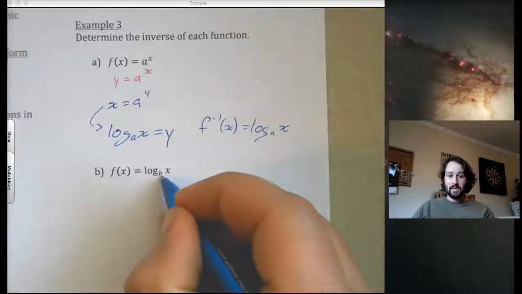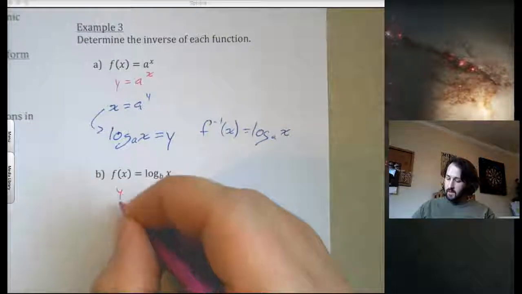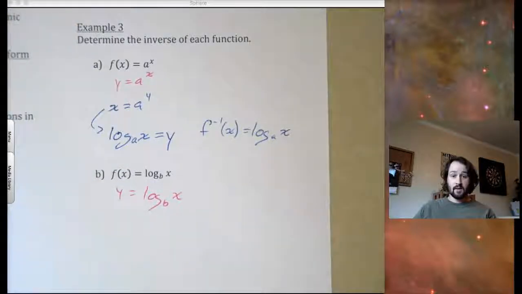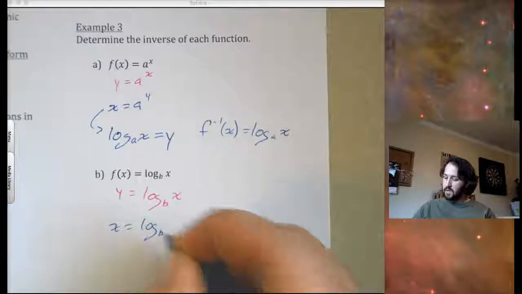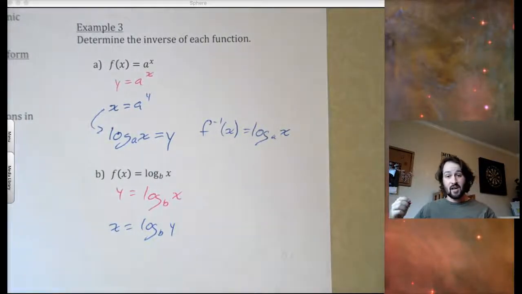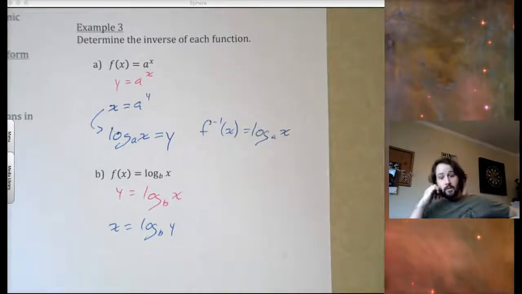Any base b, if I rewrite this, f of x is y equals log base b of x, and I switch the x and y exactly where they are. So x equals log base b of y. Now, I'm stuck. The way I like to think about this is, I'm stuck in log form.